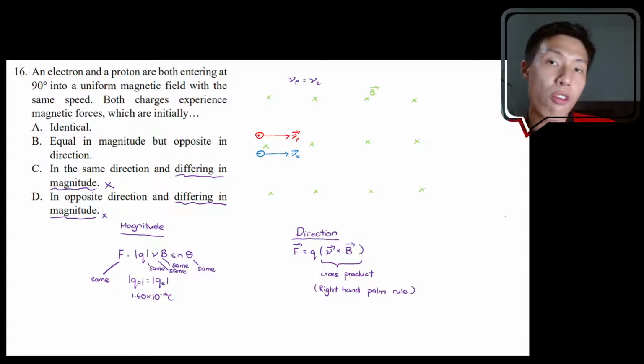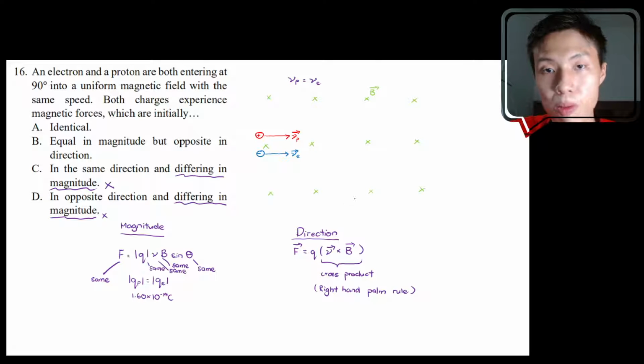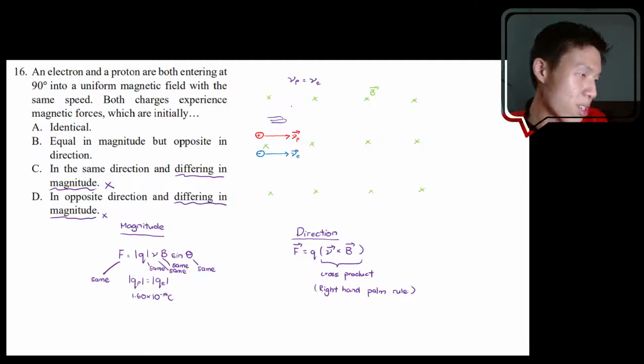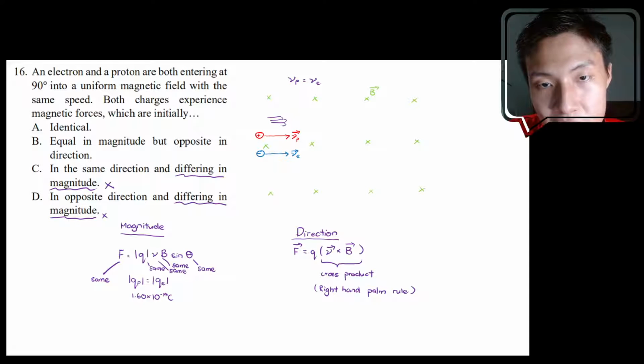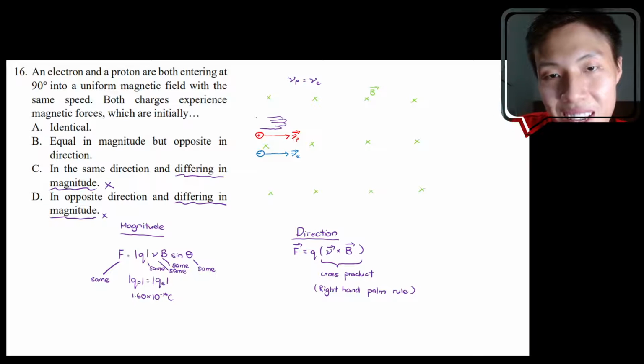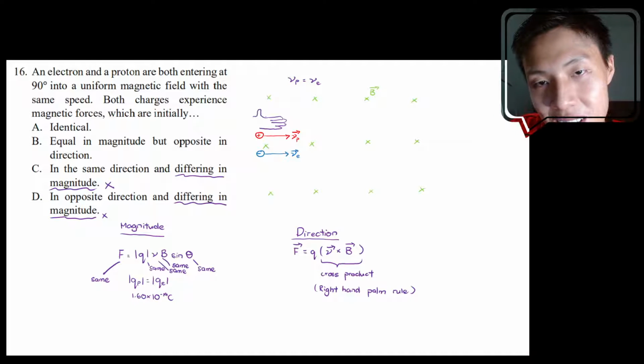For the right hand palm rule, your fingers have to be pointing along the direction of the velocity. So in this case, your fingers should be pointing around here. Fingers look like this, roughly like this.